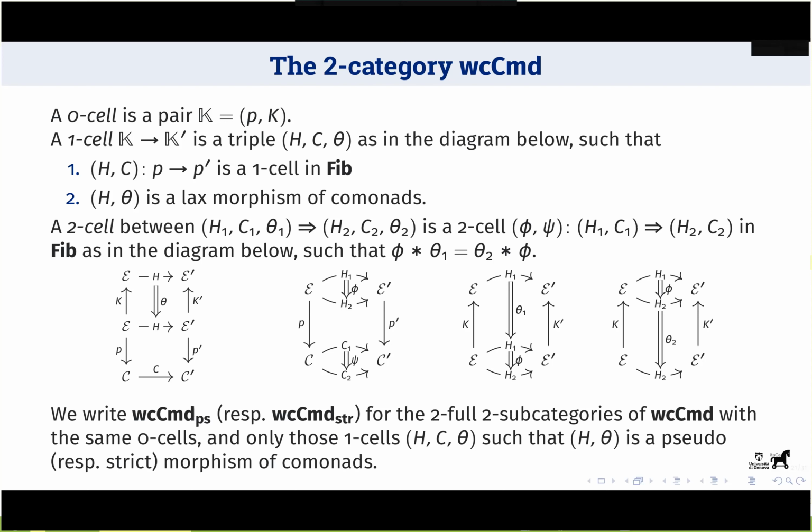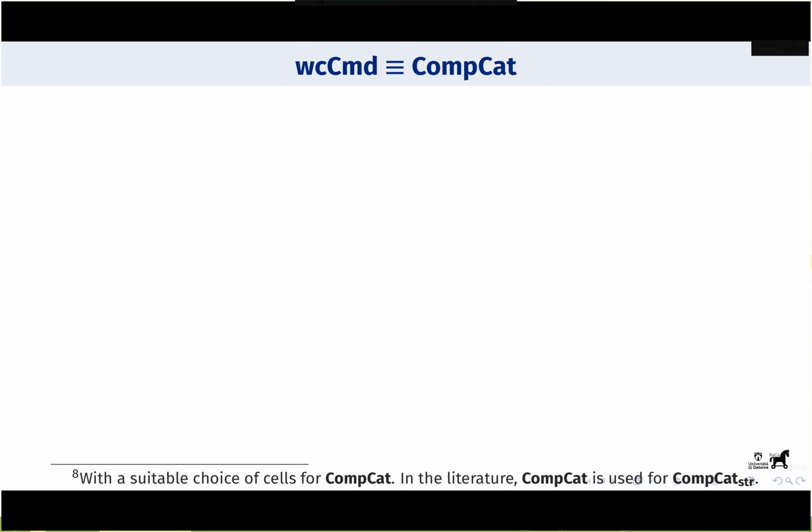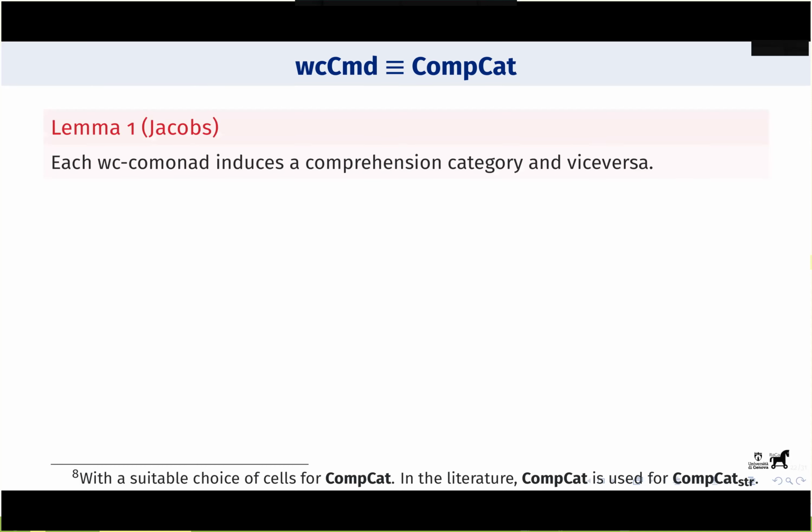Now, first, I'm going to try to give an intuition of how WC comonads are related to comprehension categories, and that was actually first observed by Jacobs. He showed that each WC comonad induces a comprehension category and vice versa.